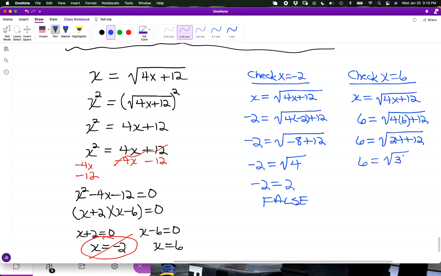It's showing you incrementally, step by step. Now the square root of 36 goes to 6. And we have that 6 is equal to 6. So x equals 6 checks out. So for this particular type of equation, we have only one solution, and that is the number 6.